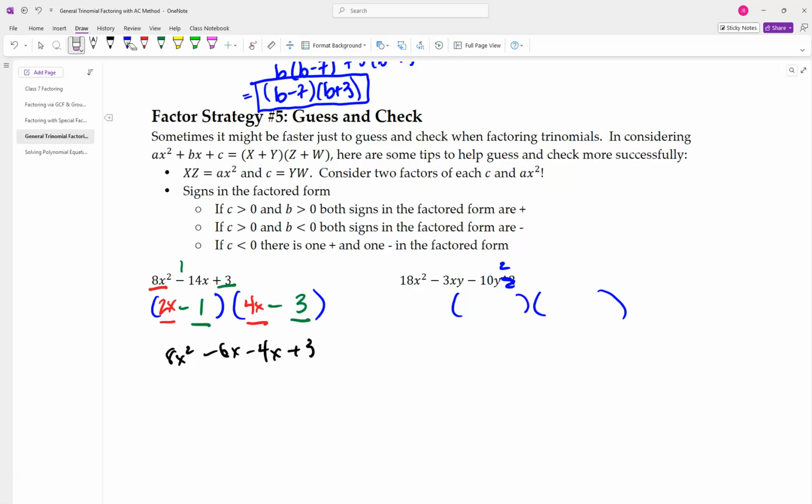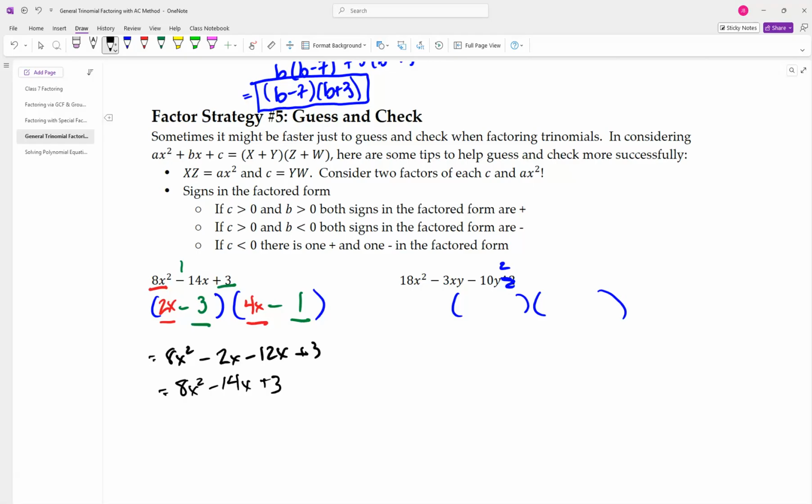So then I'm going to just try switching the 3 and the 1 and see if that works. I still get the 8x squared, and then now I get minus 2x minus 12x plus 3, and that gives me 8x squared minus 14x plus 3. So that ends up working.